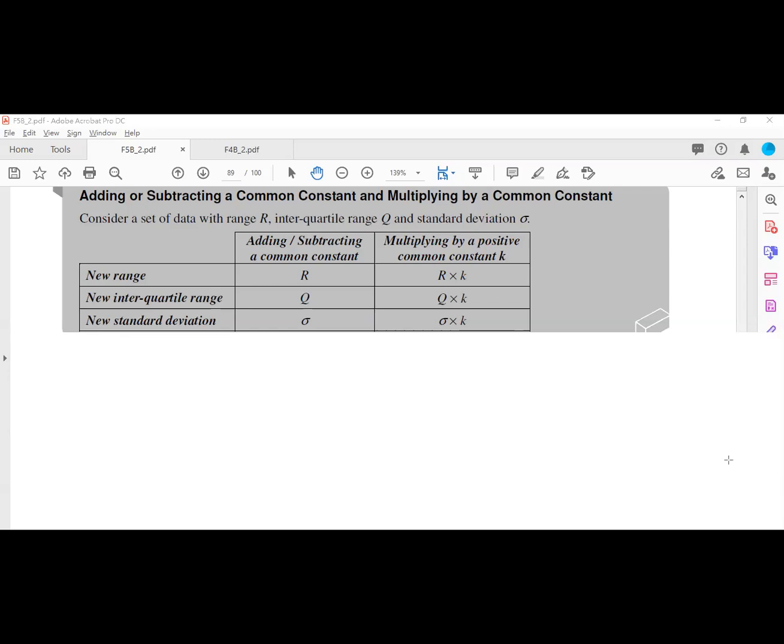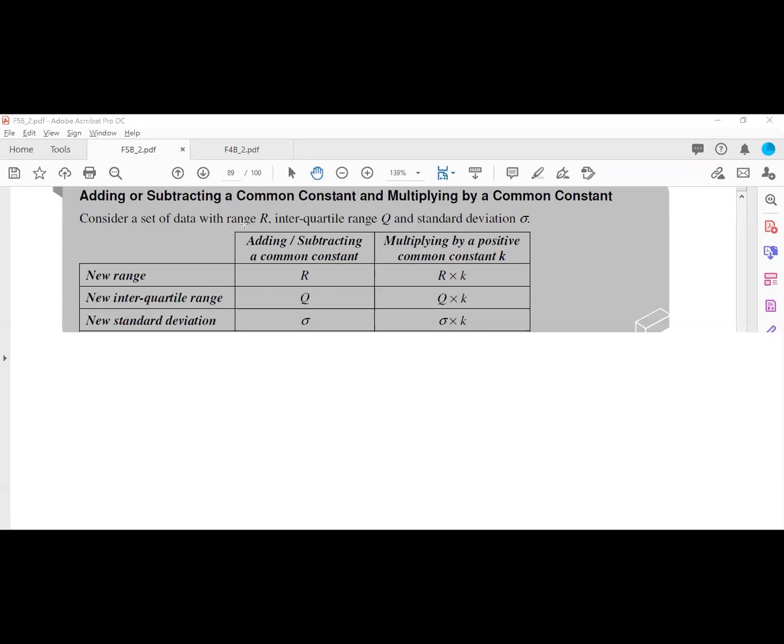And then we can find the interquartile range, IQR. IQR is calculated by Q3 minus Q1, okay? And we can also find the standard deviation, the sigma. The standard deviation is calculated by the complicated formula, okay?